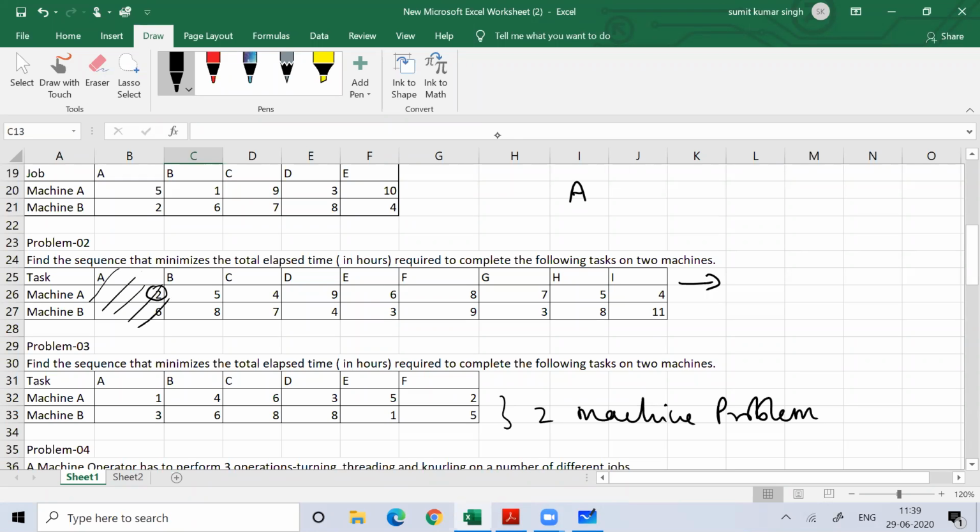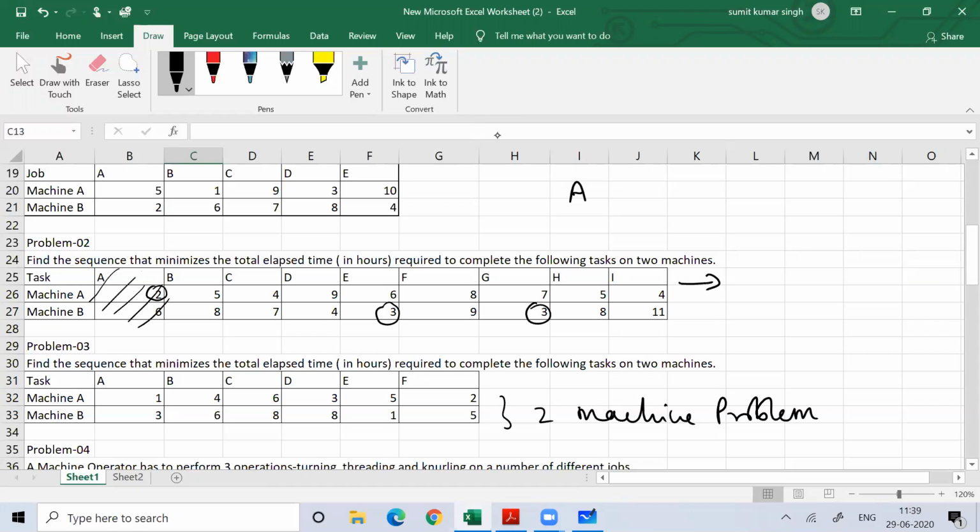Then when you see further, the next smallest value is 3, and 3 corresponds to E also, and 3 corresponds to G also. So definitely the next lowest value is 3, and either task E or task G is going to be done.